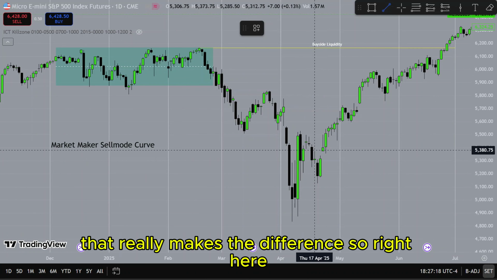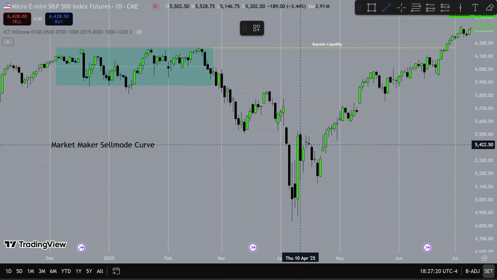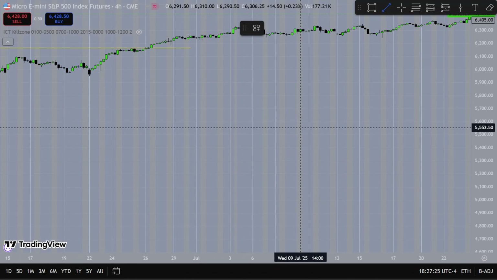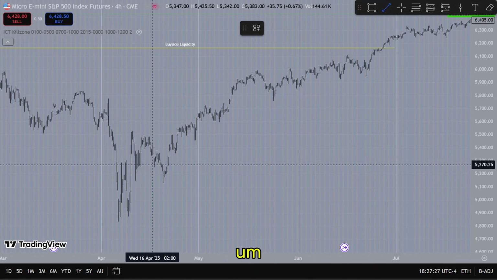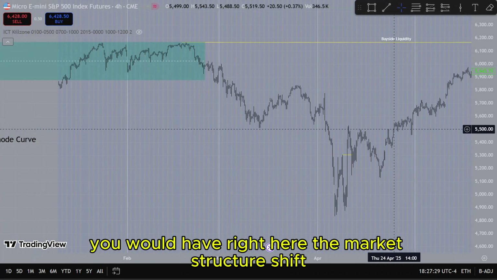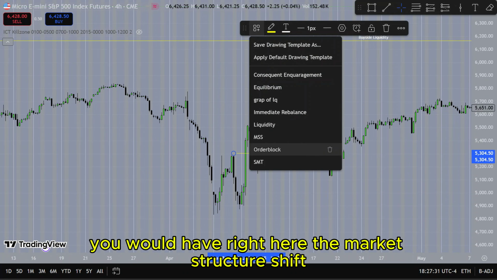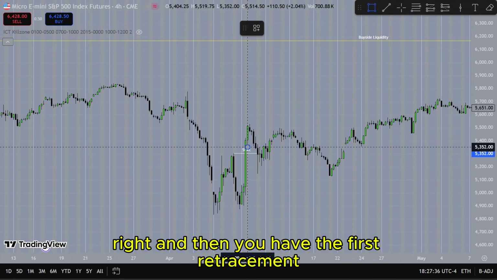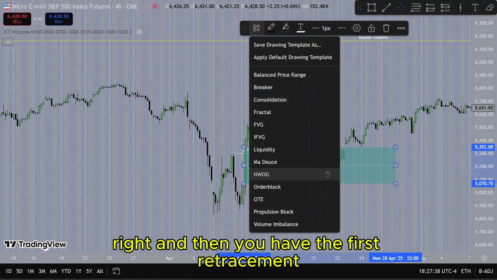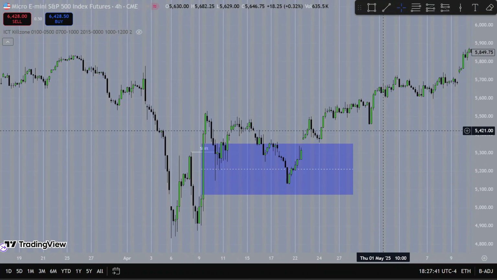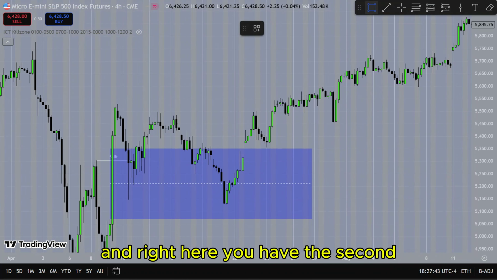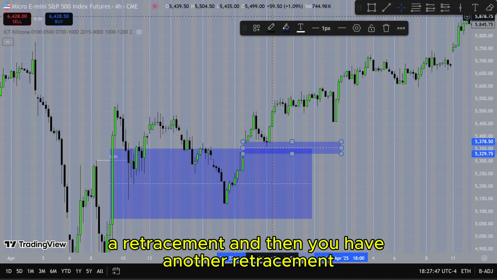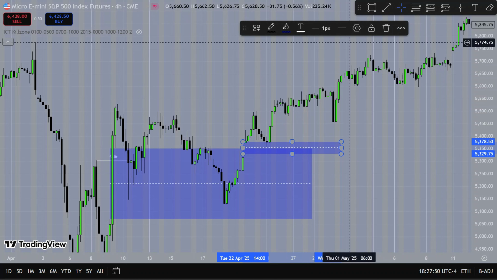So right here, you would have, for example, on the 4-hour chart, right here the market structure shift. Then you have the fair value gap, which I talked about, right? And then you have the first retracement, and right here you have the second retracement, and then you have another retracement.